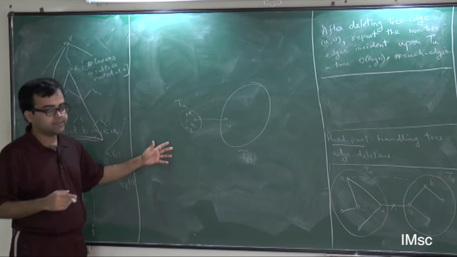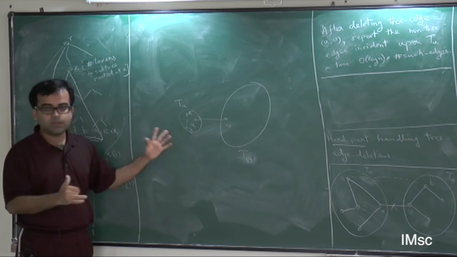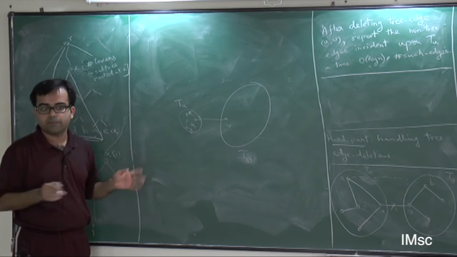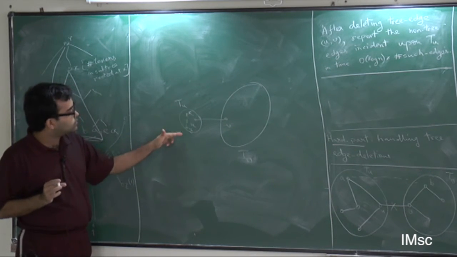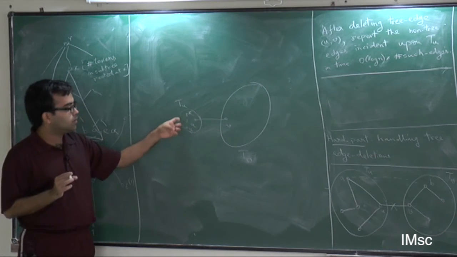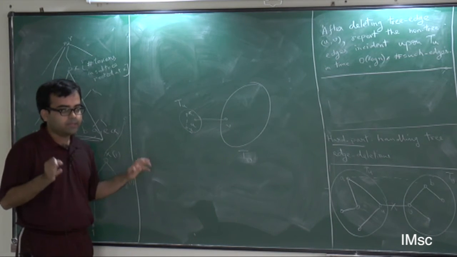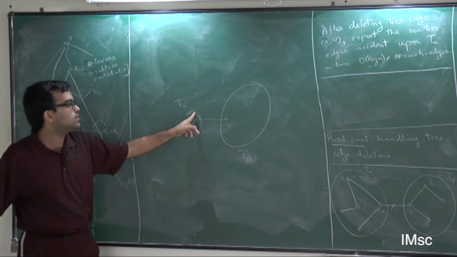And there are a lot of these edges, and you are spending a whole lot of time but doing no effective work at all, because you exhaust this list of all these non-tree edges that are bad edges, and then finally you discover that there is no edge going to that part.